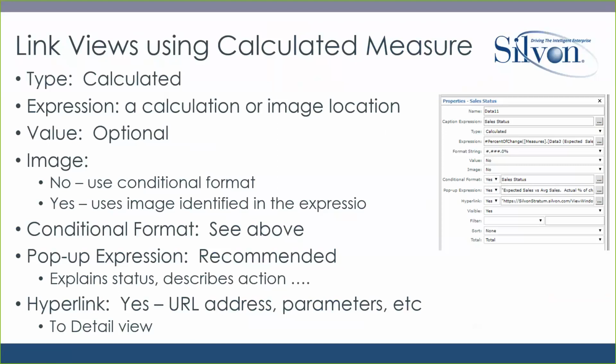So it's just information that we provide to the user. And then finally the hyperlink. And obviously to link from one view to another, we select that as a yes, and then we go into setting up the URL address that allows us to execute or display another view.